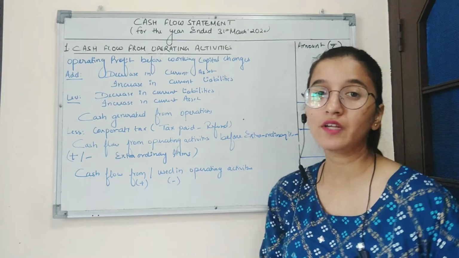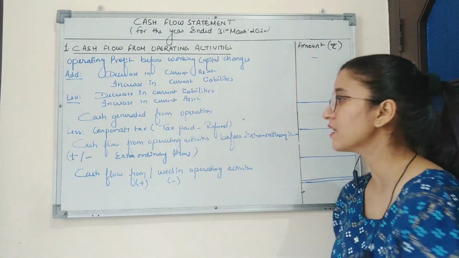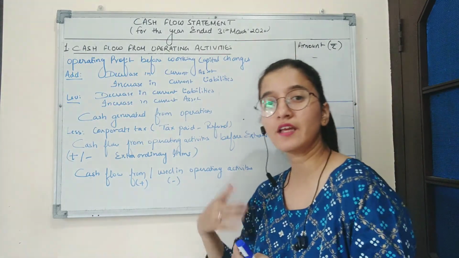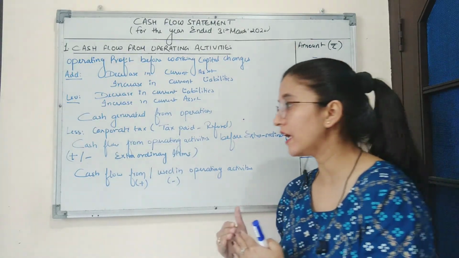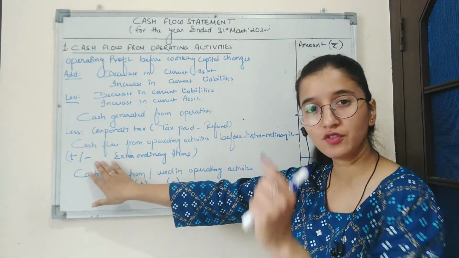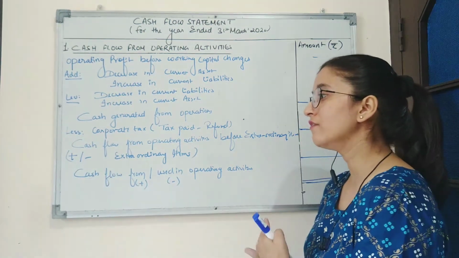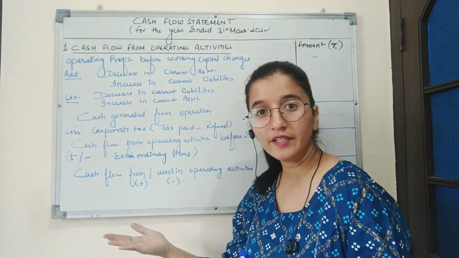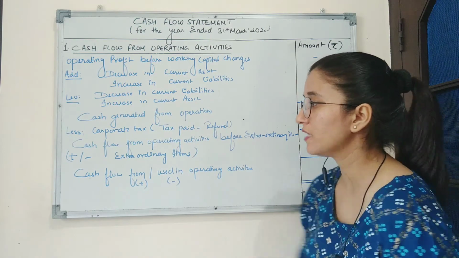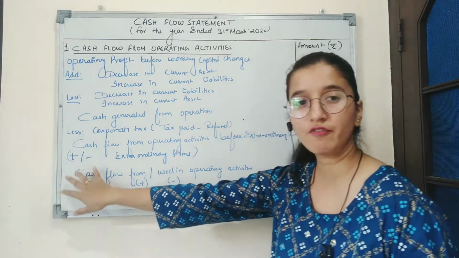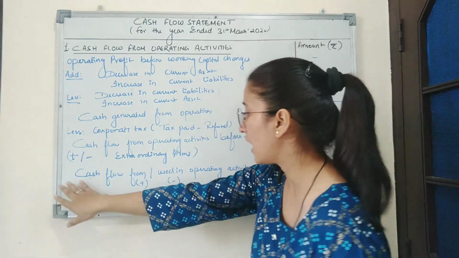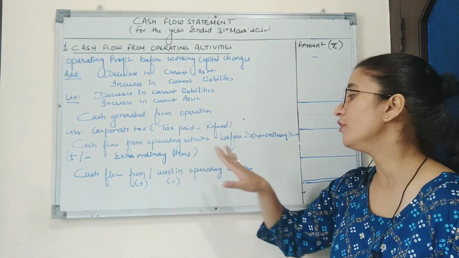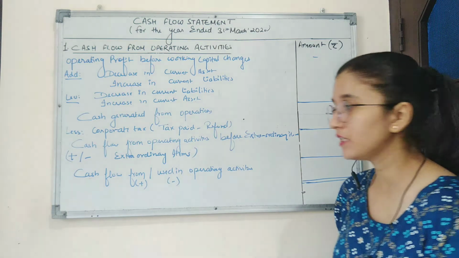See, when we were calculating net profit before tax, we were adding and subtracting the extraordinary items. So if we have added the extraordinary item there, we will subtract it here to nullify that effect. Or if we have subtracted that extraordinary item to calculate net profit before tax, we will add it here to nullify that effect. So at last, we get the cash flow from or used in operating activities.